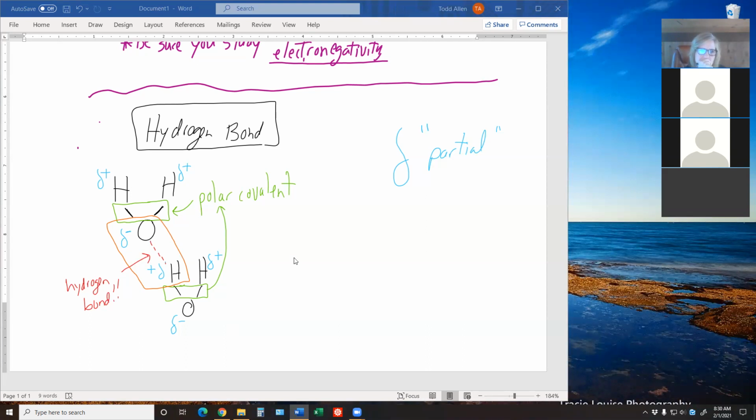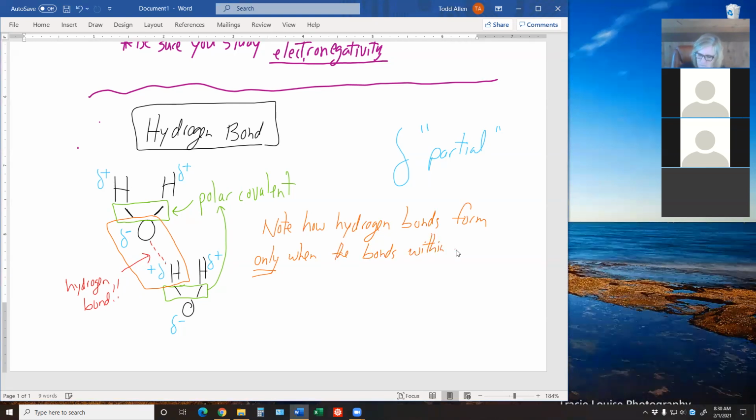And I'm going to take note of this in the drawing here. Note how hydrogen bonds form only when the bonds within each water molecule are polar covalent.